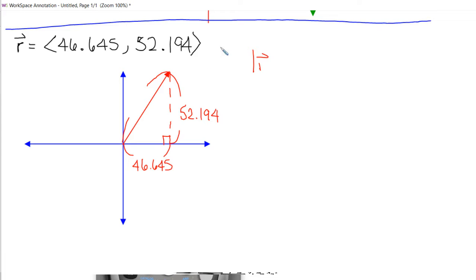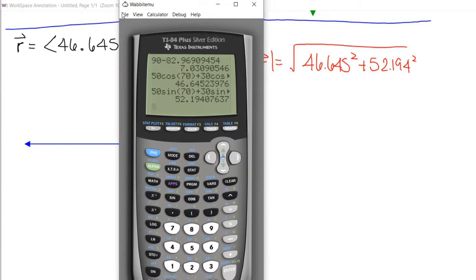So the resultant vector is equivalent to the square root of a squared plus b squared, which is 46.645 squared plus 52.194 squared. Let's go ahead and type that in for us.